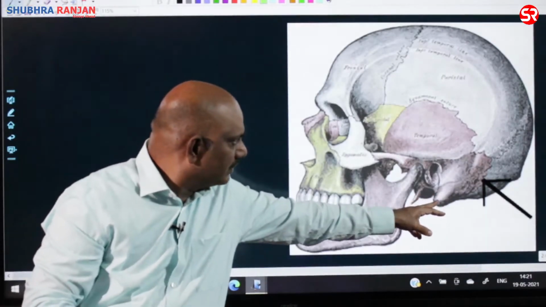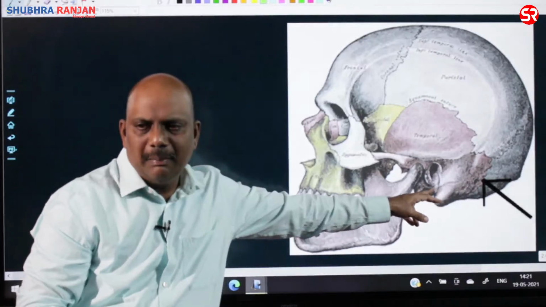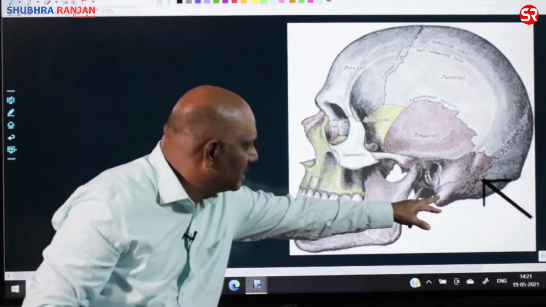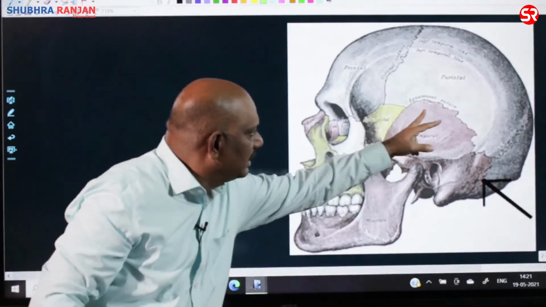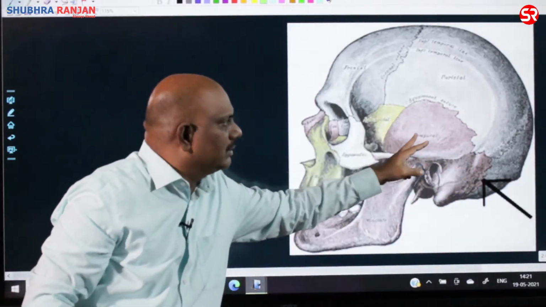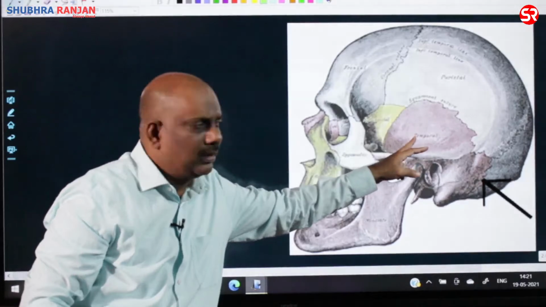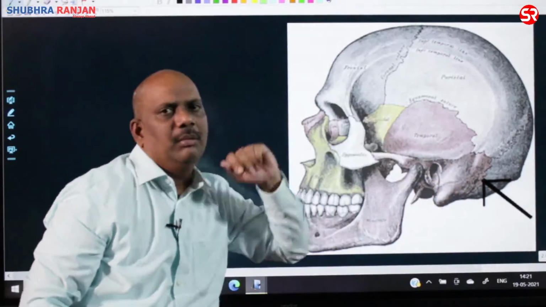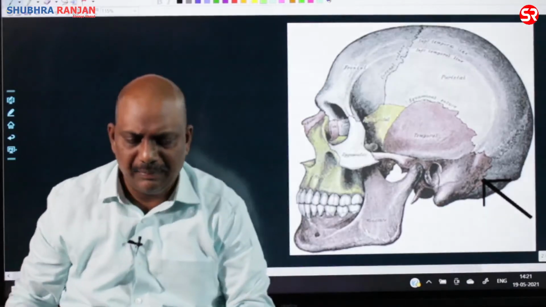Can you see this? This is the mastoid process. This is the temporal bone. This one is a temporal bone, and this is the mastoid region of the temporal bone. I'll write it down here. See.